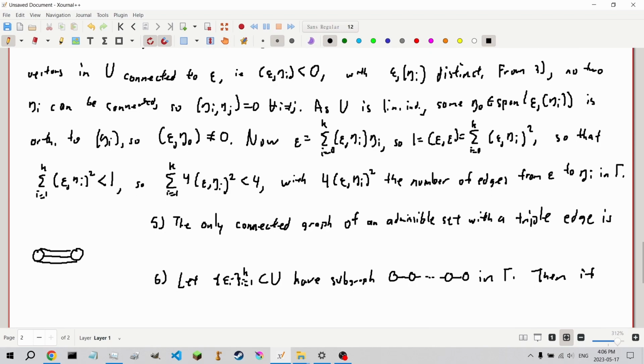Then if U prime is equal to U minus this collection, and then we add epsilon back in, for epsilon being the sum of our epsilon_i, then U prime is admissible.